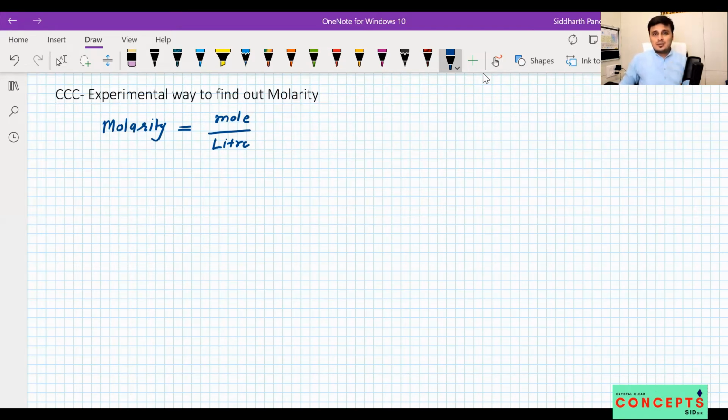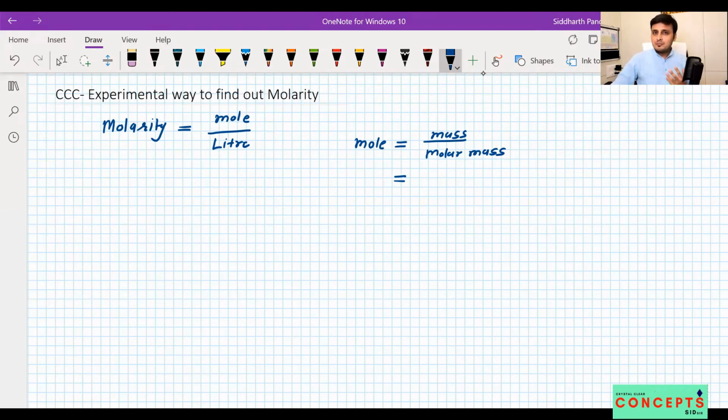That we need to understand first. We know that mole of anything is equal to mass upon molar mass. So whenever we want to prepare 1 mole of anything, we have to take mass equal to the molecular mass. Then only it can be 1 in terms of mole.